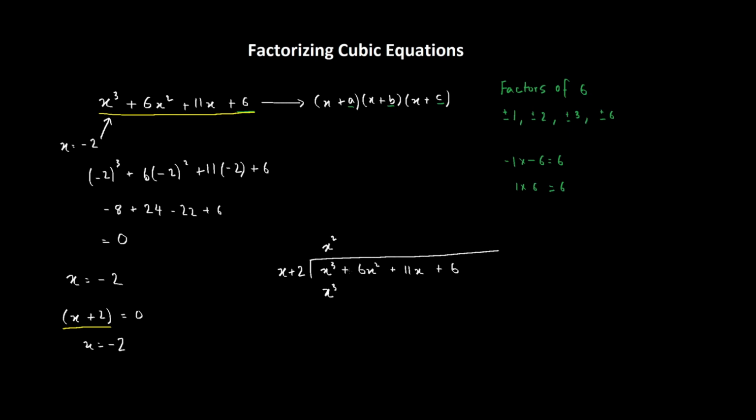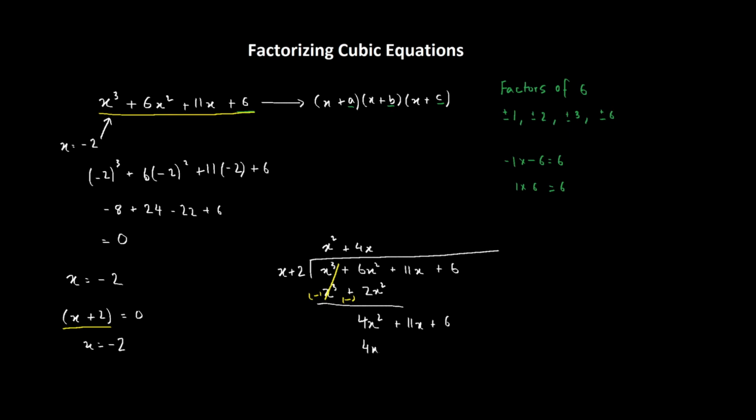So x cube plus 2x square. Again, change the signs. These cancel out. We have 4x square plus 11x plus 6.